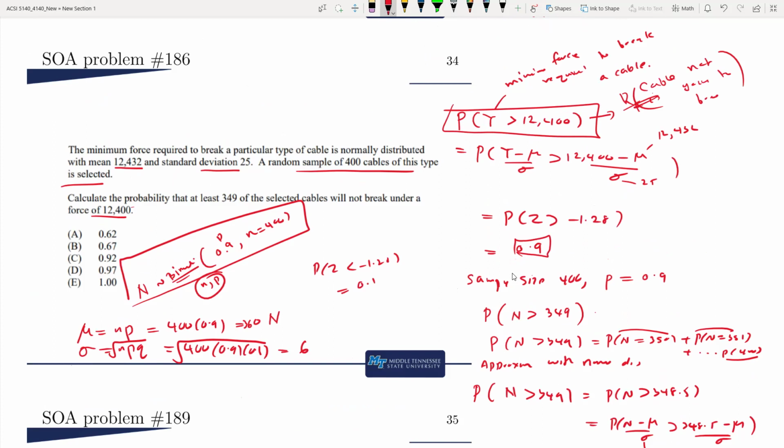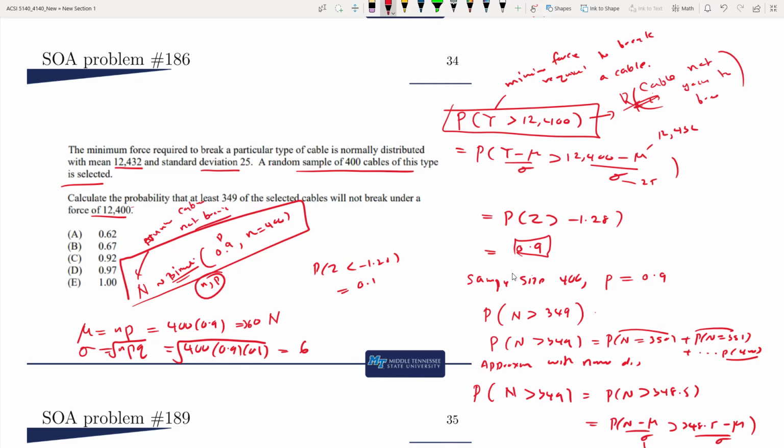Then what we did, we had 400 cables and we want to know what's the probability that 349 cables do not break. So n is basically the number of cables that did not break. So basically, it's a binomial, either break or not break.